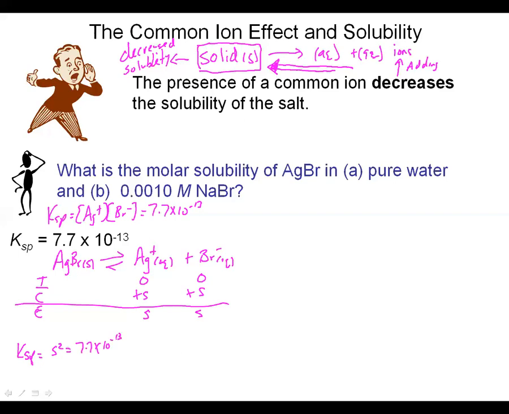If I take the square root of 7.7 times 10 to the minus 13, we end up with a number of, we'll call it 8.8 times 10 to the minus 7.